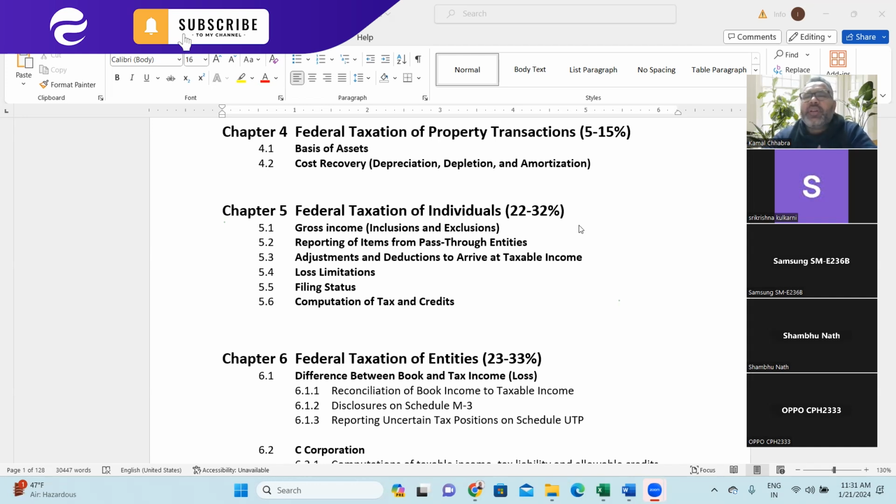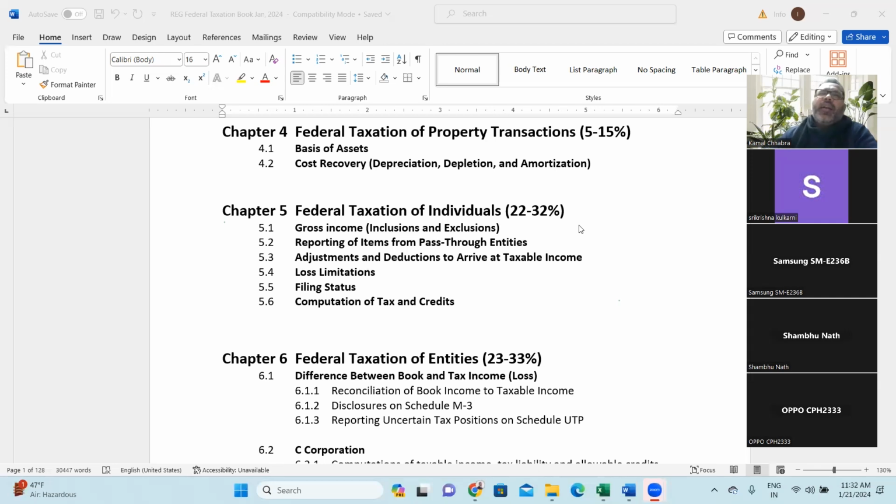In India we use the written down value method or the straight line method of depreciation. But in the US, we will be using MACRS, which is an altogether different method of depreciation that we are not exposed to, and the alternative depreciation method, which is more or less similar to the straight line method. That also we will be discussing in detail.